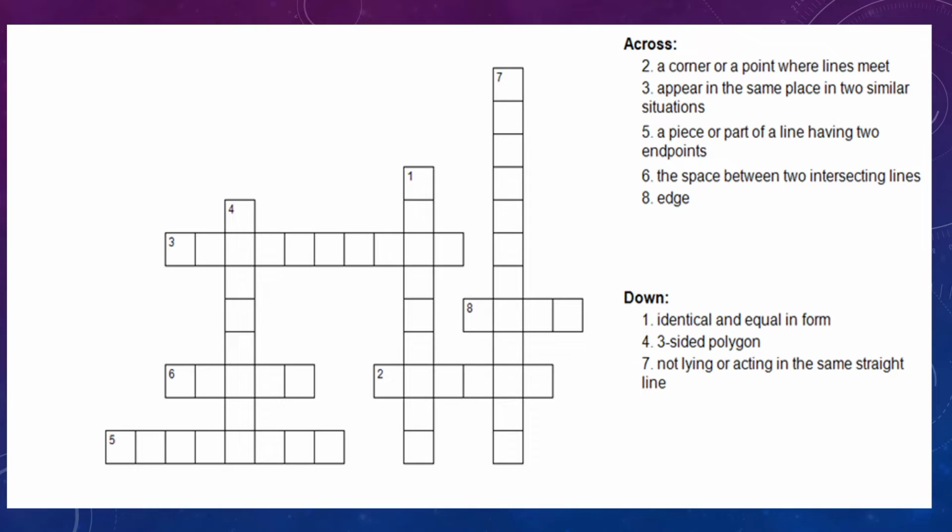Let's start with the across. 2. A corner or a point where lines meet. Try to understand the given. Try to imagine. Again, number 2, that is correct, vertex. Number 3, appear in the same place in 2 similar situations.